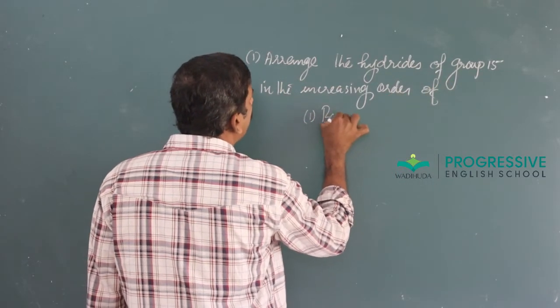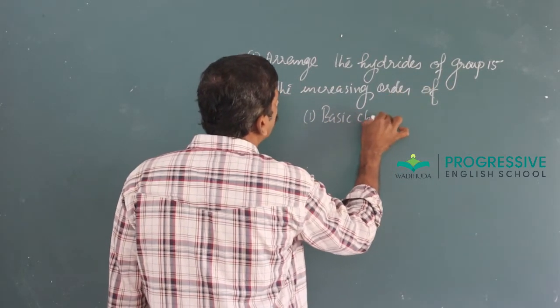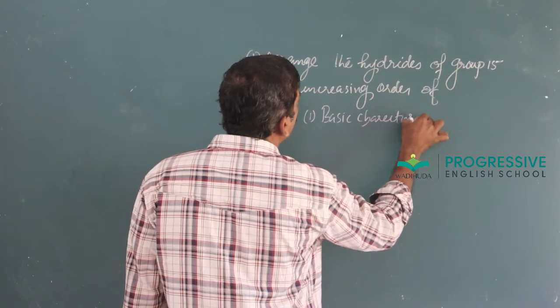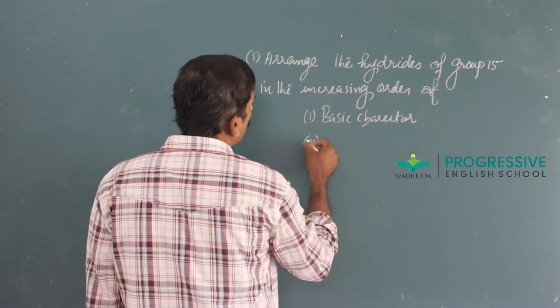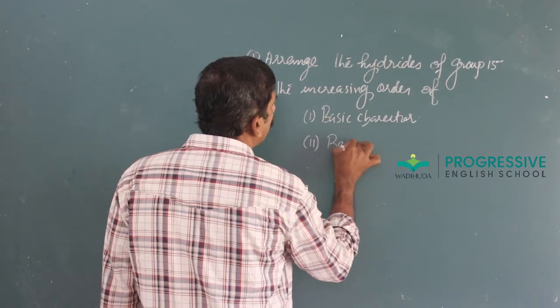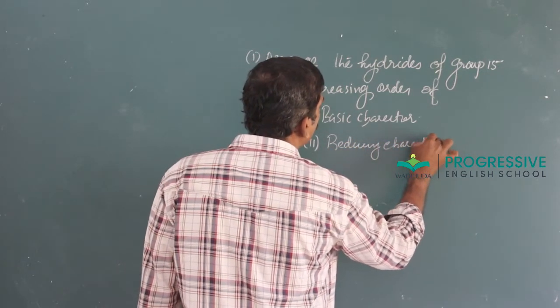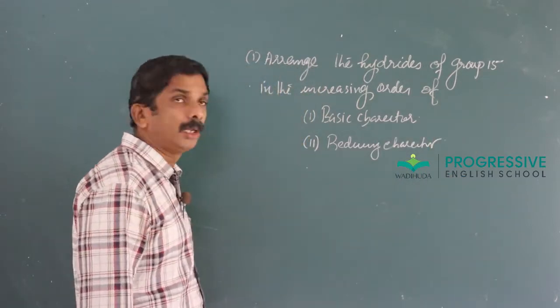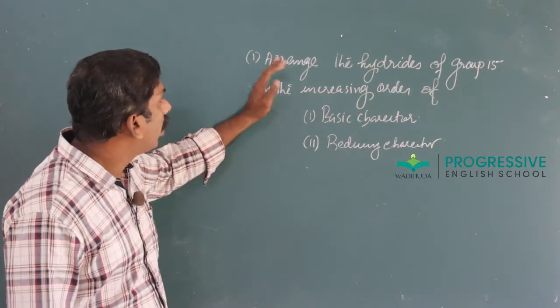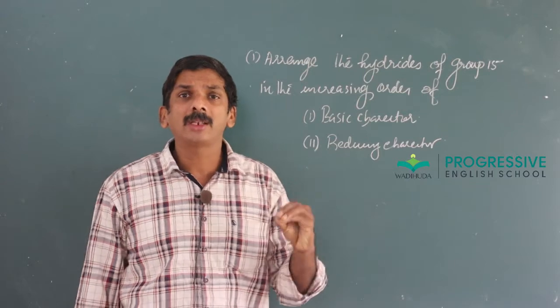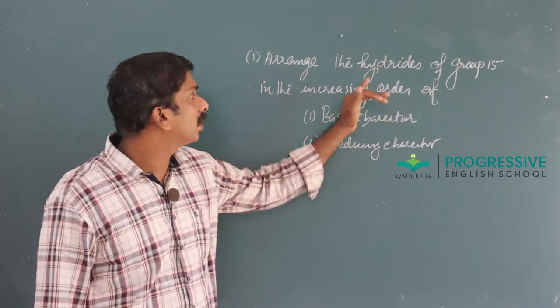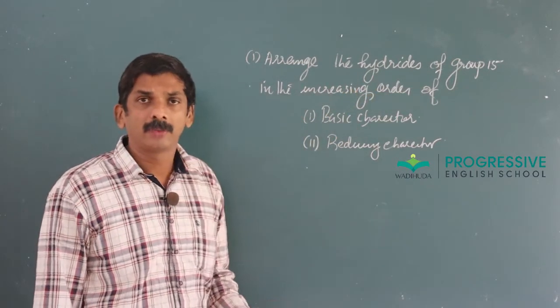First, increasing order of basic character, then reducing character. Or otherwise, which is the correct order of basic character among the hydrides of group 15.